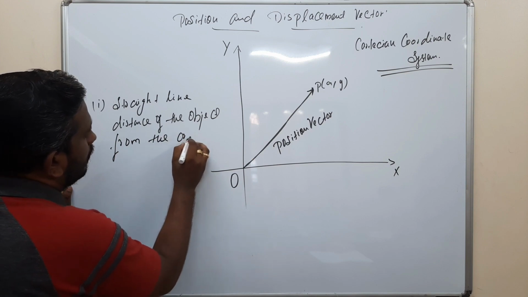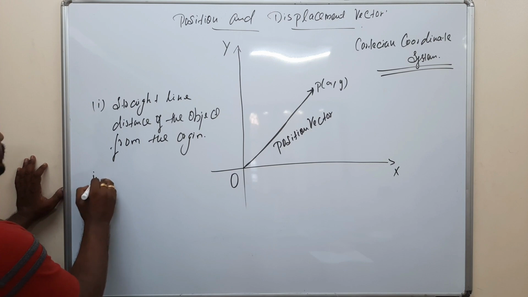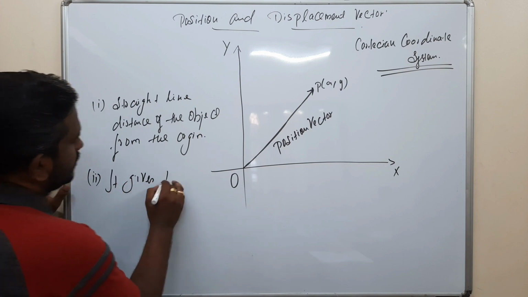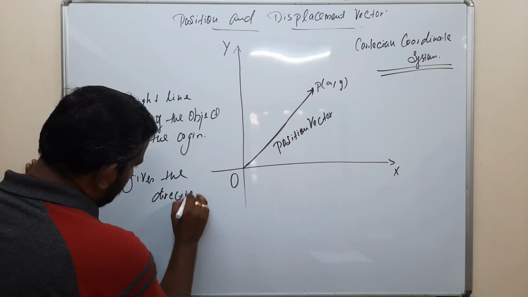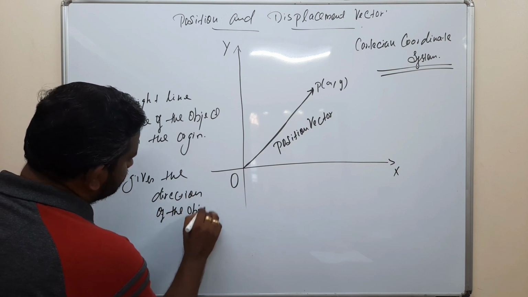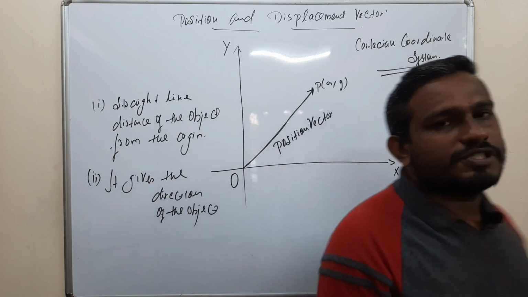Two, it gives the direction of the object. That is called the position vector.